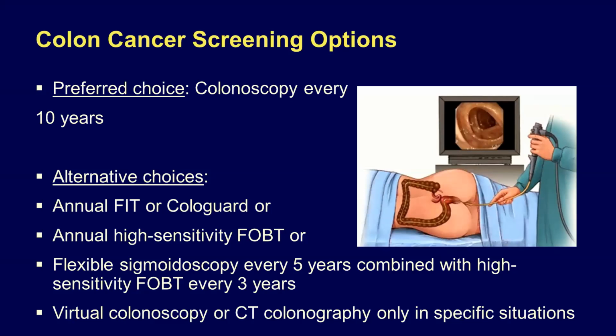And if not, we can also do a flexible sigmoidoscopy every 5 years, alternating with the fecal occult blood test. There's also virtual colonoscopy or CT colonography that nowadays is used only in very specific indications that I don't think are pertinent to this discussion today.